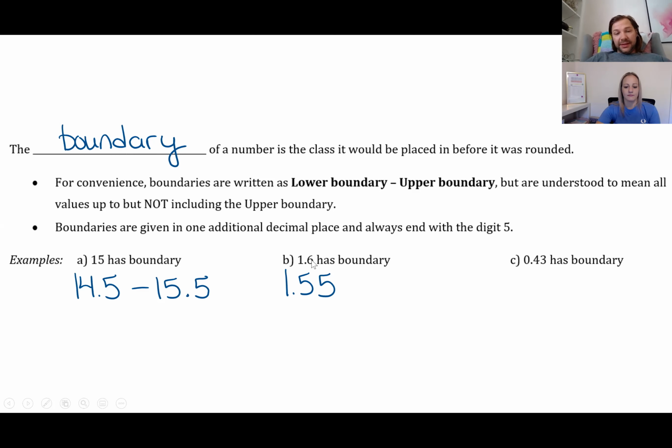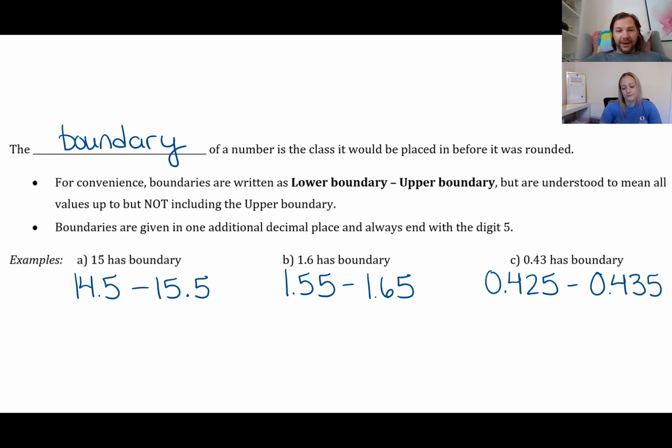Now for 1.6, we subtract 0.05 and get 1.55, and we go up to 1.65 for the boundary, right? And then finally 0.43, I'll let you guys think about what the boundary should be. Okay, pause the video if you haven't figured it out yet. That should be 0.425 to 0.435.